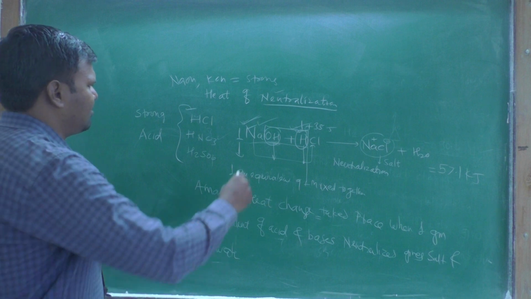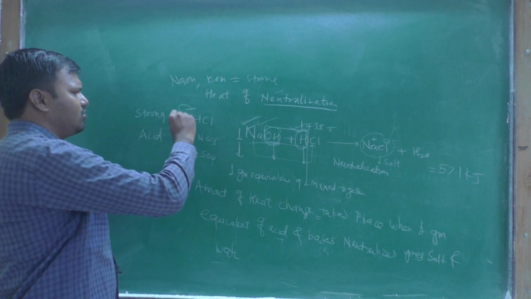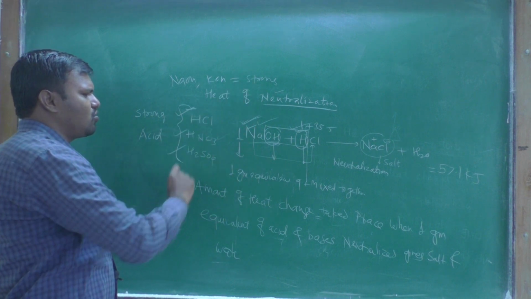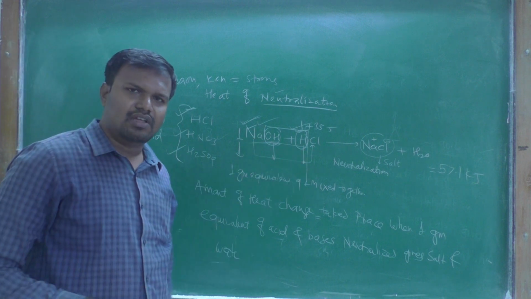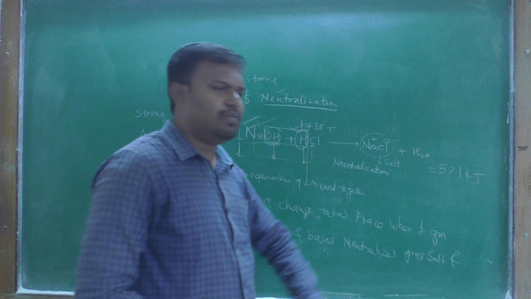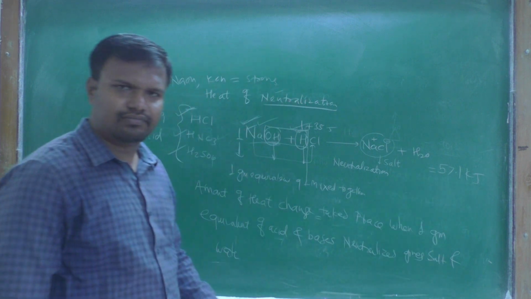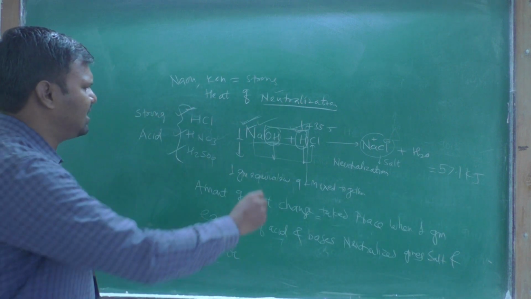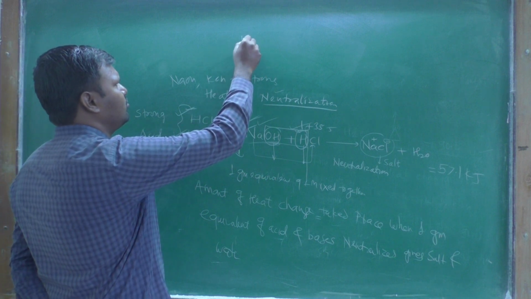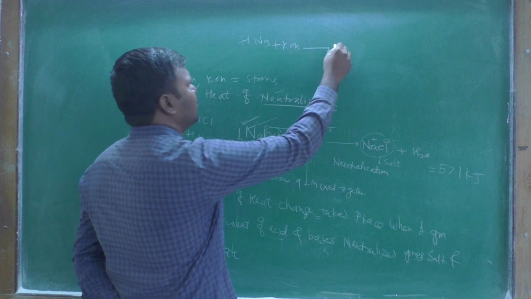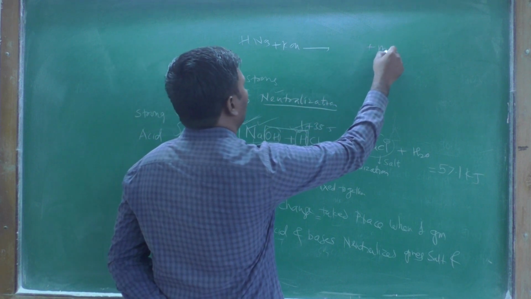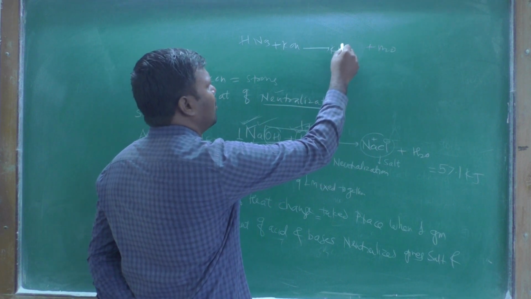When you measure the heat of neutralization for a strong acid and strong base, it will always be 57.1 kilojoule. If you change the acids, for example, you use HNO3 and KOH, it gives H2O and KNO3 salt.